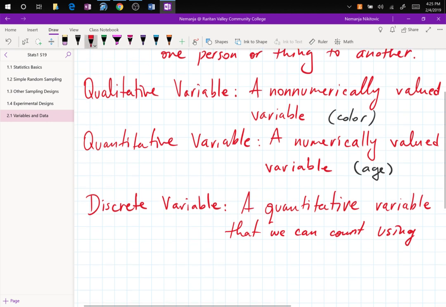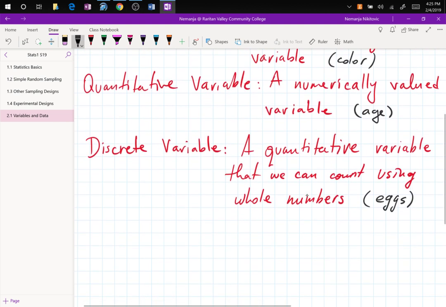I mean, counting numbers, natural numbers, but using whole numbers. And I'll just say eggs. I'll put babies too.